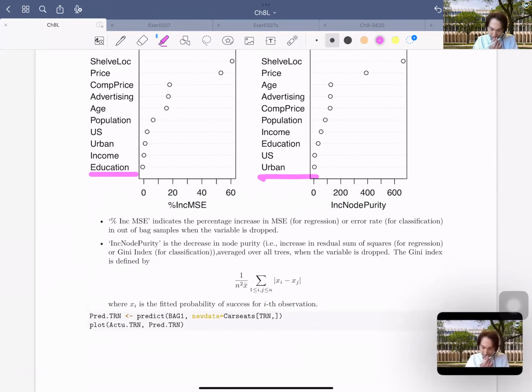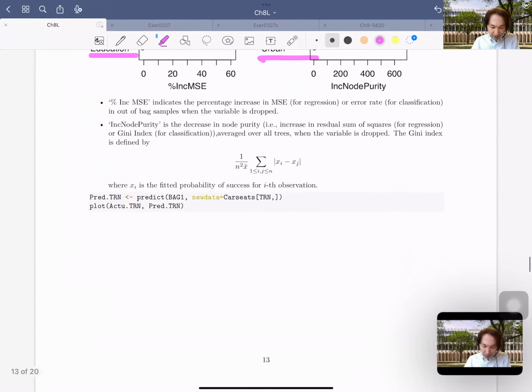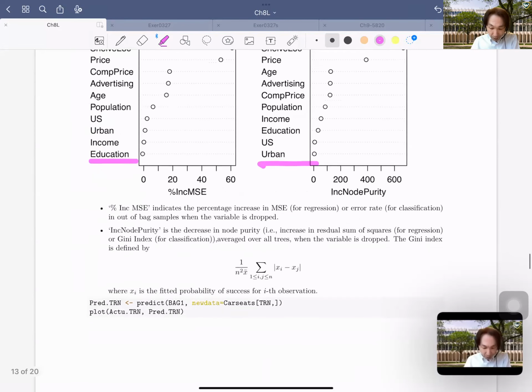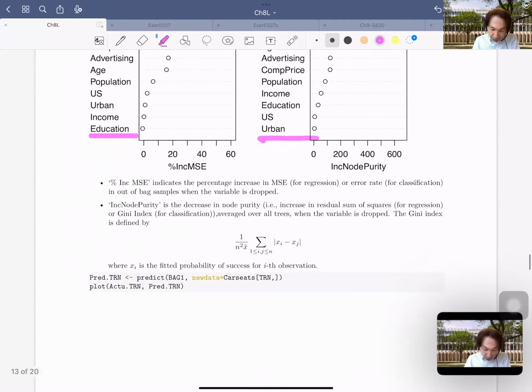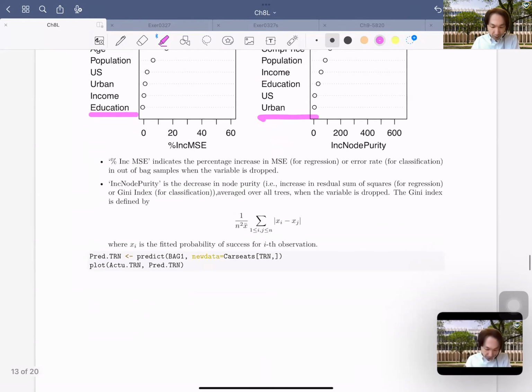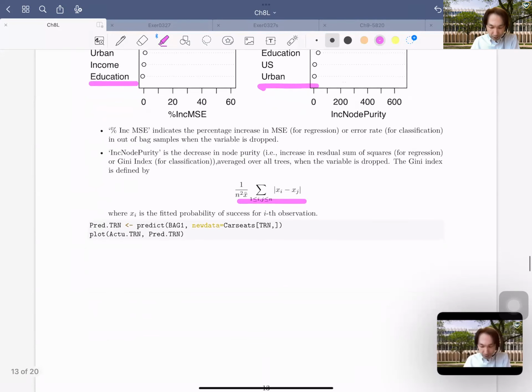Maybe the detailed algorithm is slightly different between the percentage increase in MSE and the increase in node purity. Sorry that I'm not 100% clear why these two don't coincide in this case. And for classification problems, we use the so-called Gini index, so that is certainly different from the MSE.